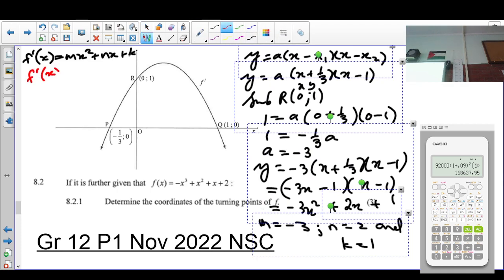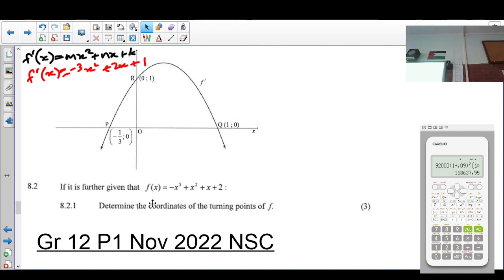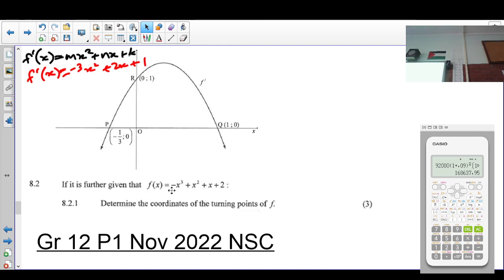So f prime of x is equal to -3x squared plus 2x. 8.2 says it is further given that f of x is equal to negative x cubed plus x squared plus 2. When I differentiate f of x, I get again f prime of x there, as you can see. Determine the coordinates of the turning points of f of x.